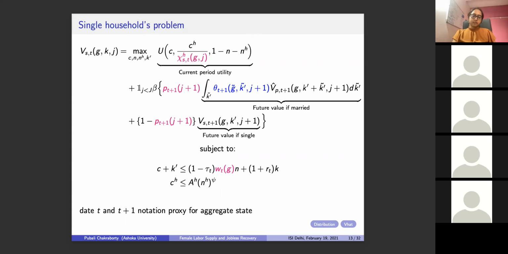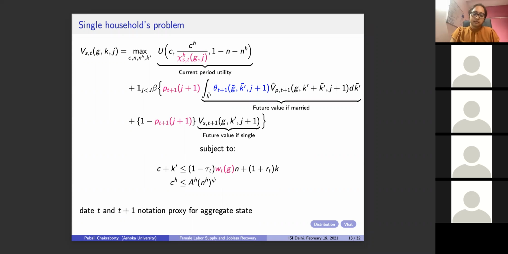Is this correct? When you are matched with your partner, your income is being augmented, your capital is being augmented, and therefore you have a higher value. Otherwise you will not have that effect. But if you have a Bellman equation for the entire family, then there can be other income effects.